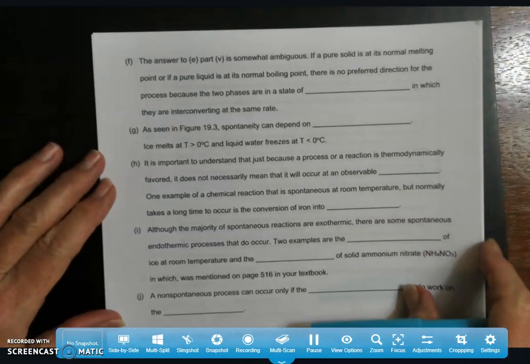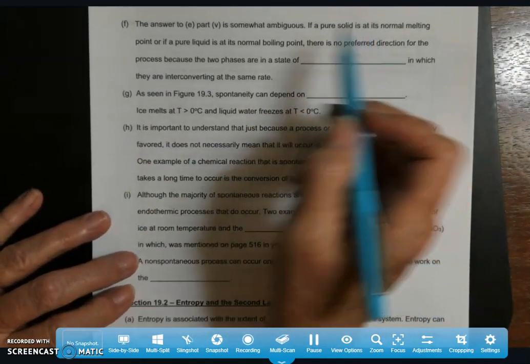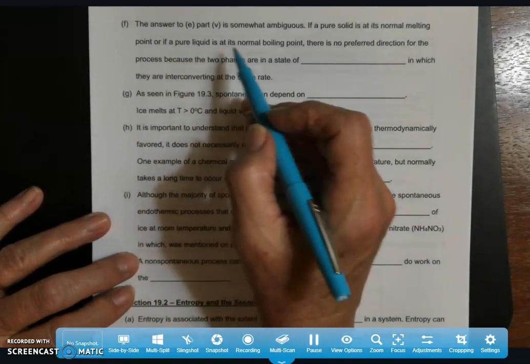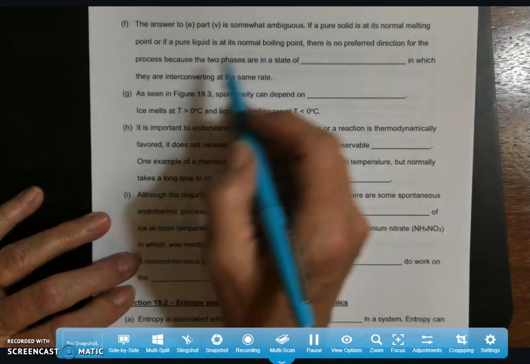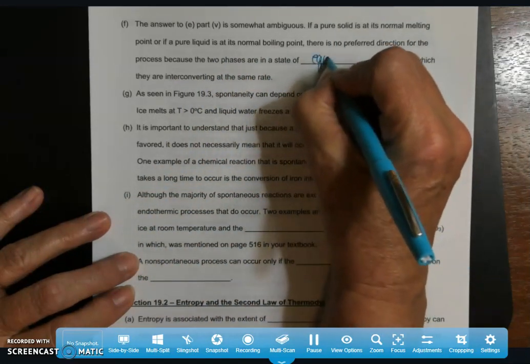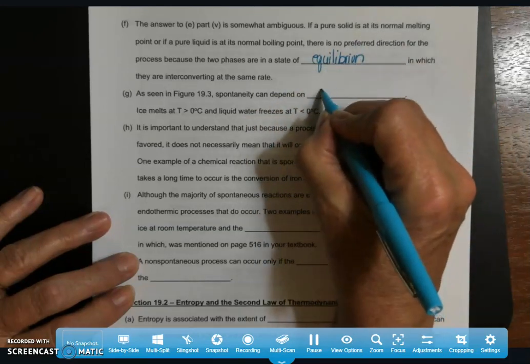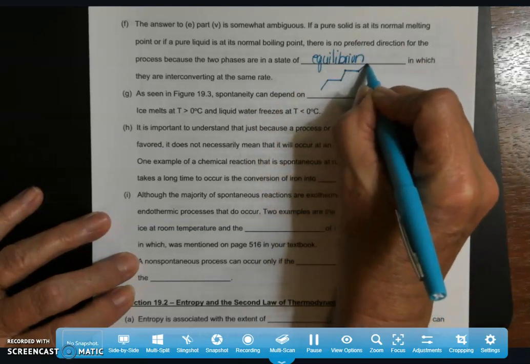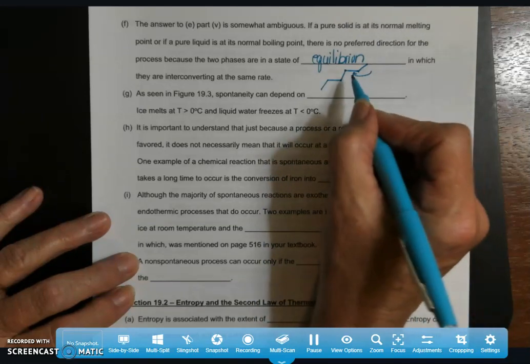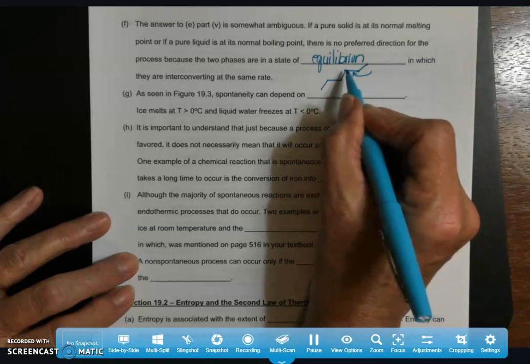Now, why is this ambiguous? If a pure solid is at its normal melting point or a pure liquid is at its boiling point, there's no preferred direction for the process because they're in a state of equilibrium. So remember, if we think about our heating and cooling curve, when I'm at the plateau, I have this mixture, the energy staying the same, right?